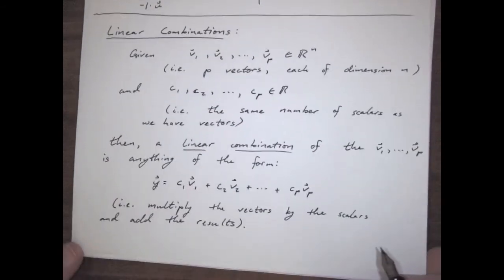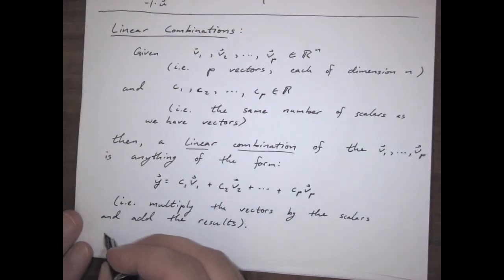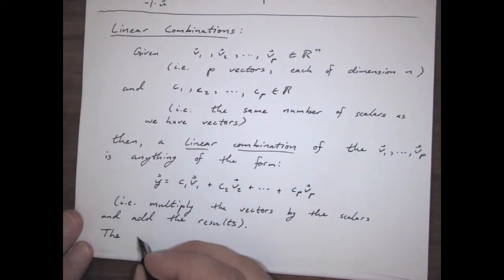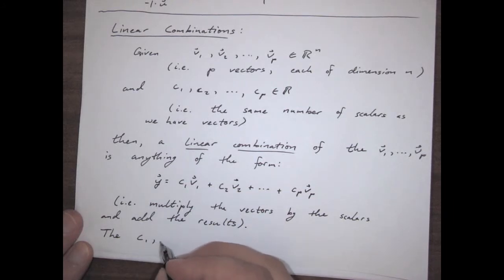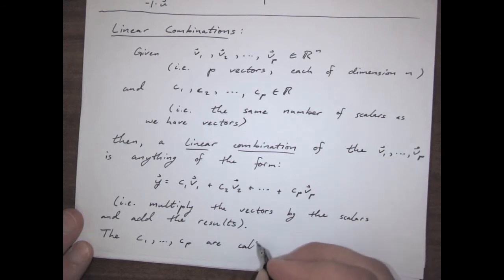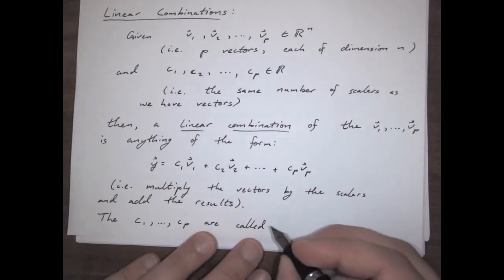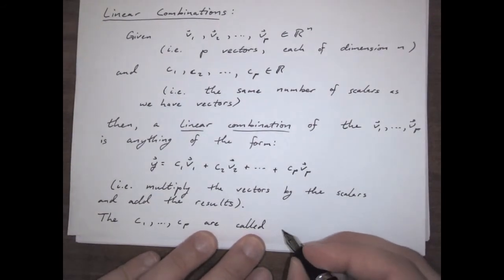The c's here are called weights. The c1 up through cp are called weights. Each one is the weight of its corresponding vector.